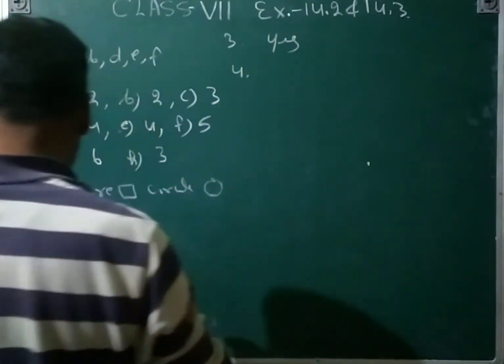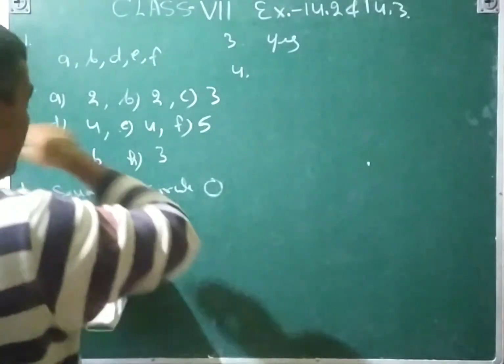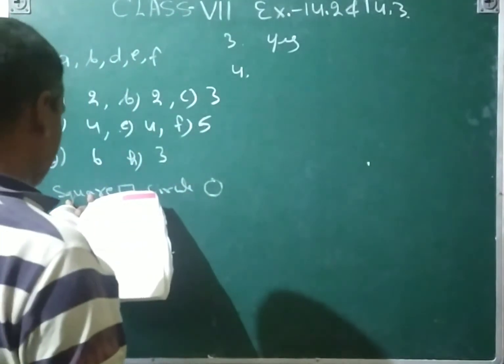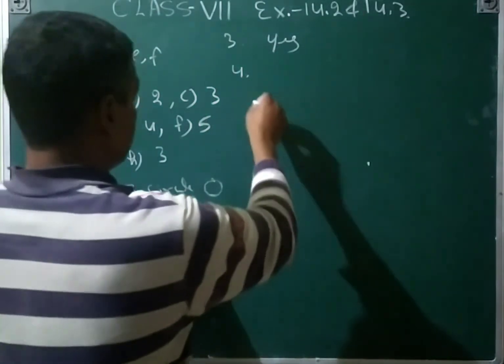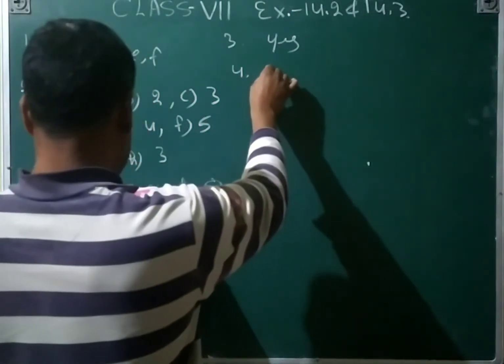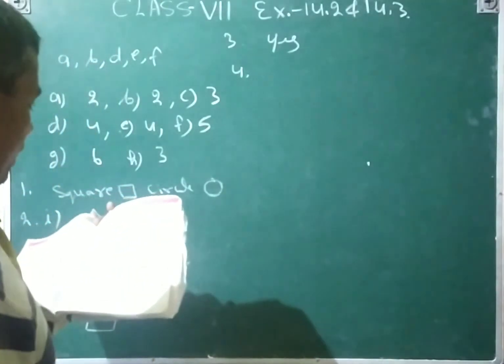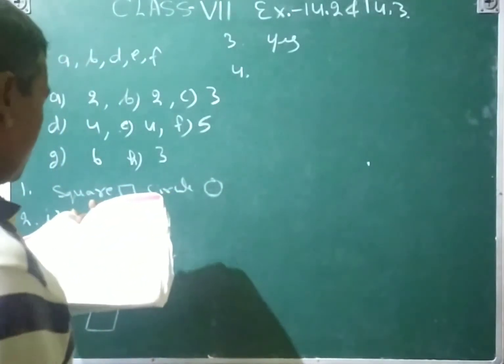Fourth question, that is a lengthy question. Fill in the table. So for the square, there is the center of rotation, order of rotation, angle of rotation.